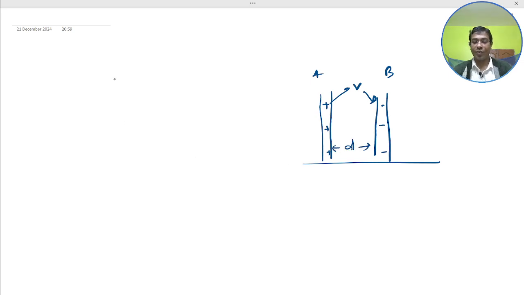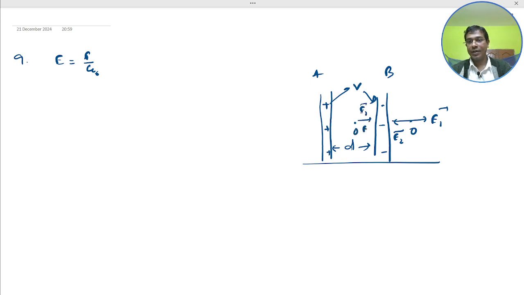So first, the electric field between two plates is sigma by epsilon naught, and the electric field outside the plates: here outside the plates, this is E1 and E2, and inside both are in the same direction. So E is equal to E1 minus E2, which is equal to 0.